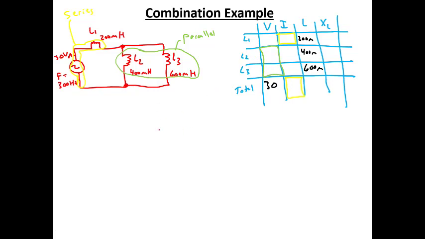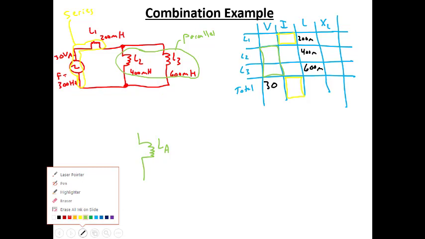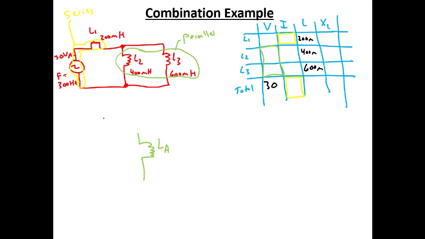Before we get too far, we're going to simplify the circuit, and we're going to put in a new inductor that I'm going to call LA for the parallel combination of those two inductors. Then I'm going to redraw the circuit with the first inductor, L1, and then LA. This would still be a 30 volt AC supply.